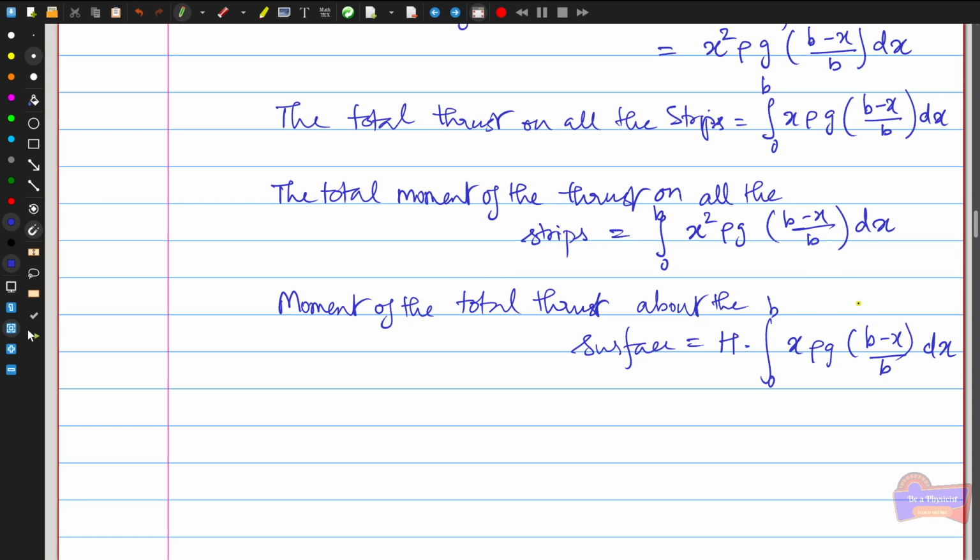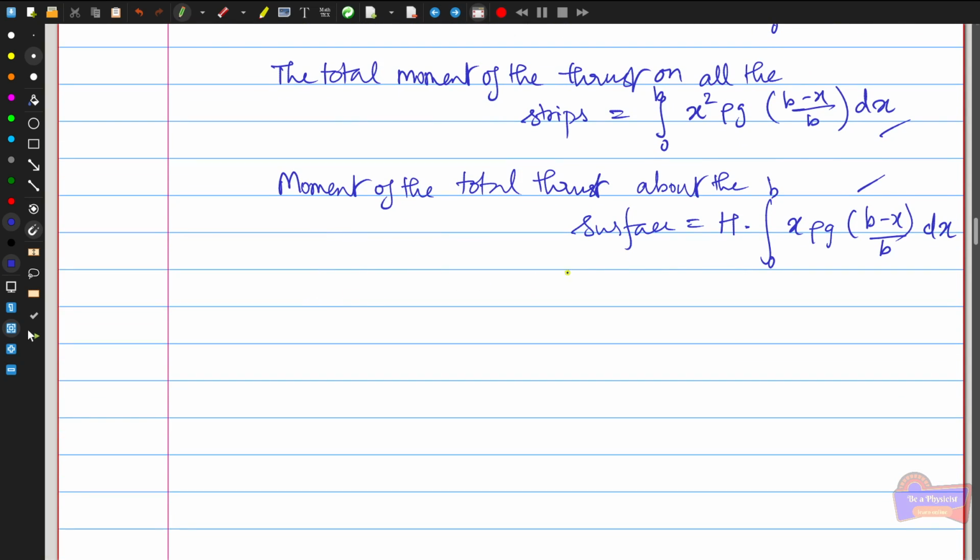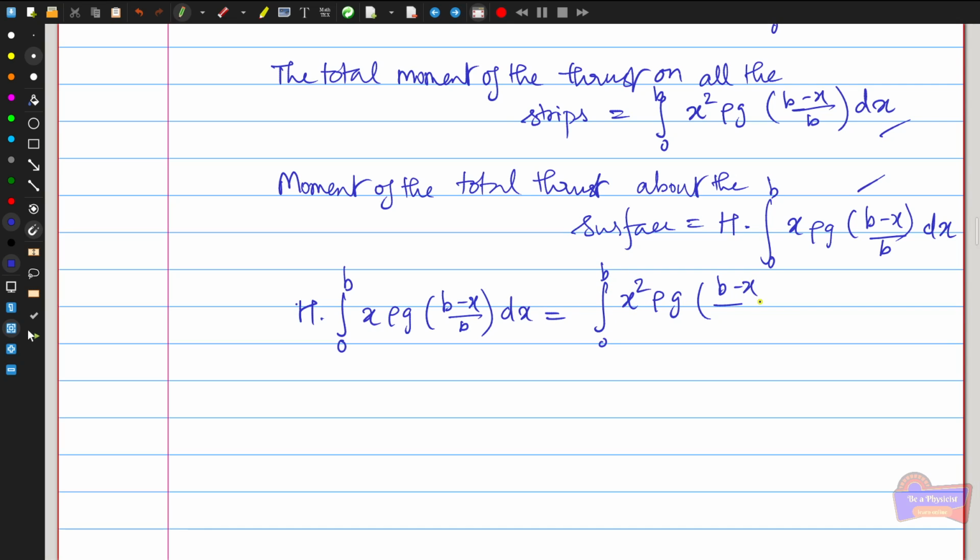Now I can equate the two total moments of the triangle, so I equate these two equations: h into the integration from 0 to b of x rho g (b minus x) divided by b into dx, which is equal to the integration over the limits 0 to b of x squared rho g into (b minus x) divided by b into dx.